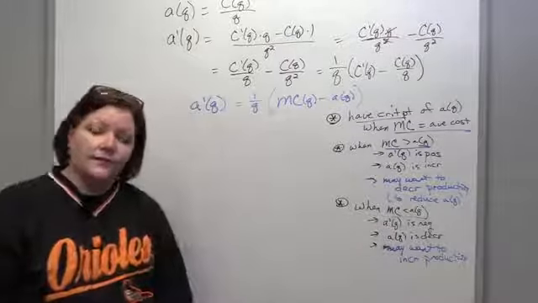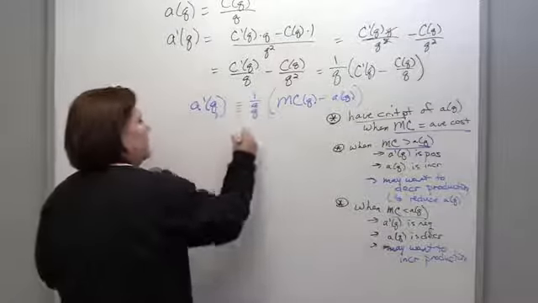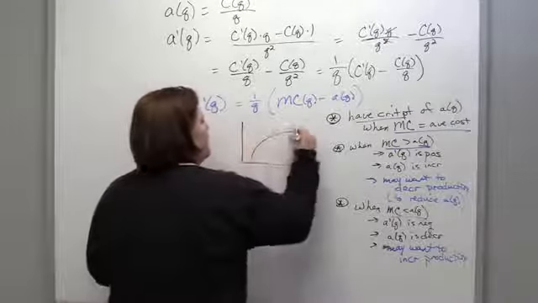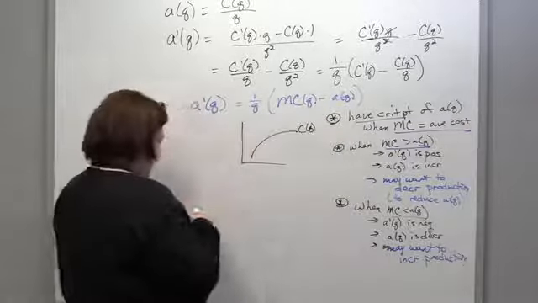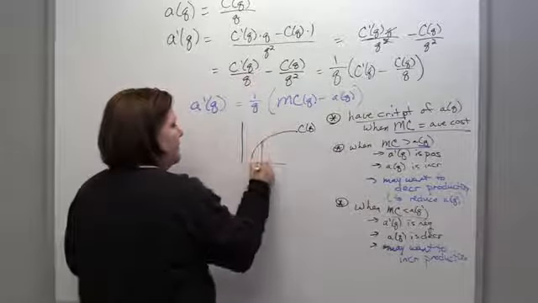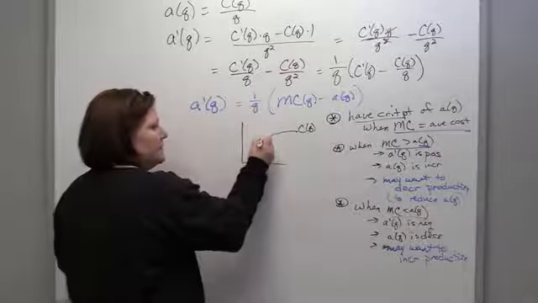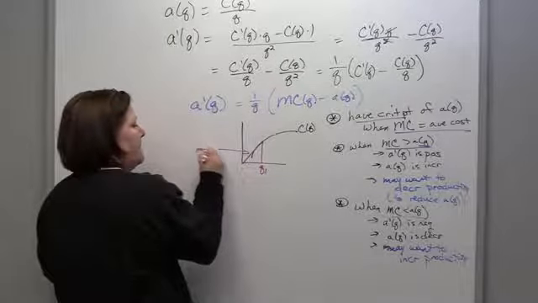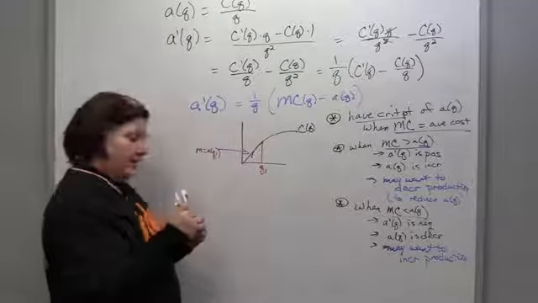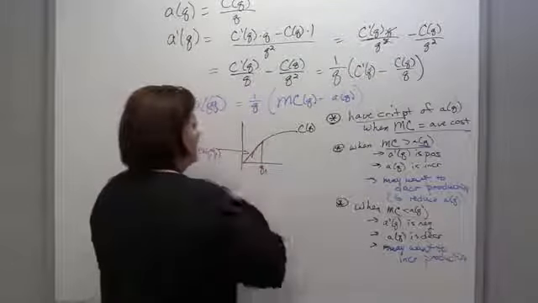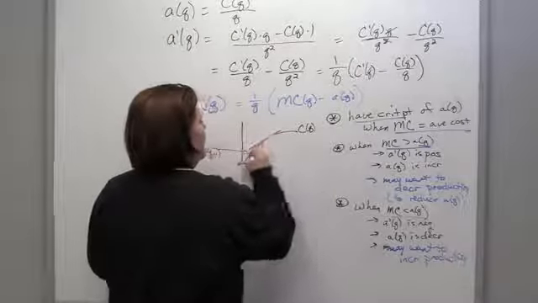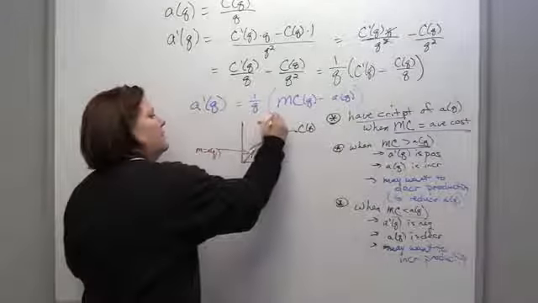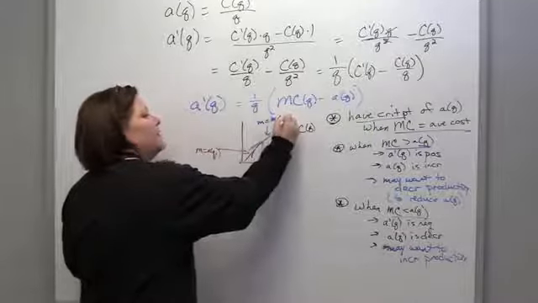But on graphs, if we have a cost curve and we're looking at a production level like this, the slope of this line is our average cost, and the slope of the tangent line there is our marginal cost.